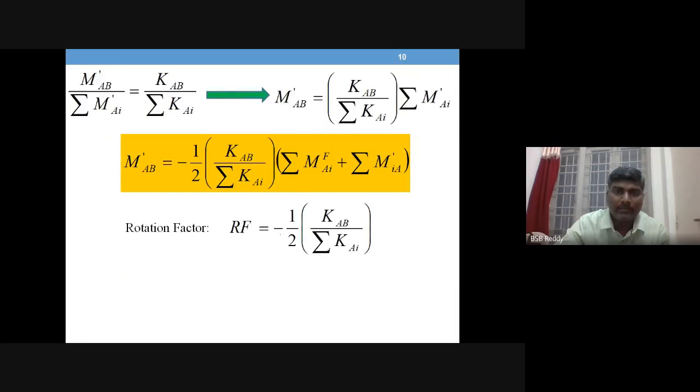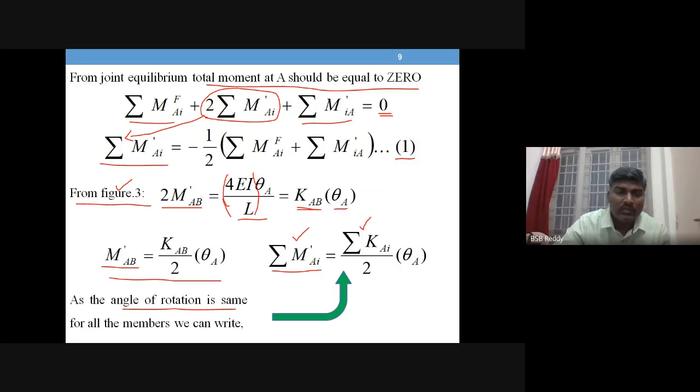Okay, right. What next? Now, you have M dash AB divided by KAB is equal to theta A by 2.